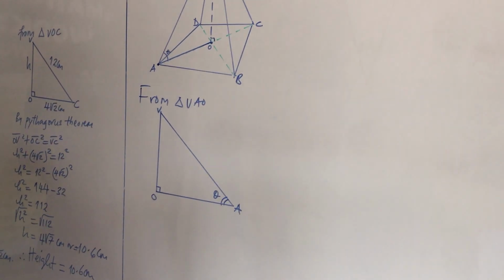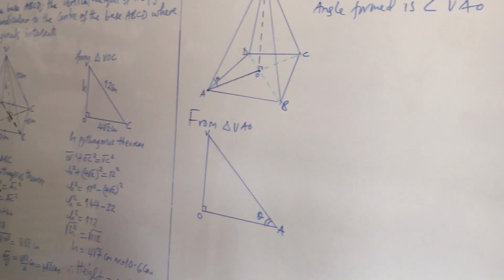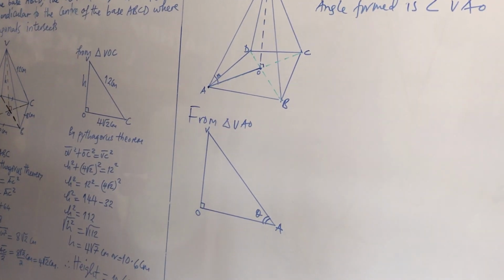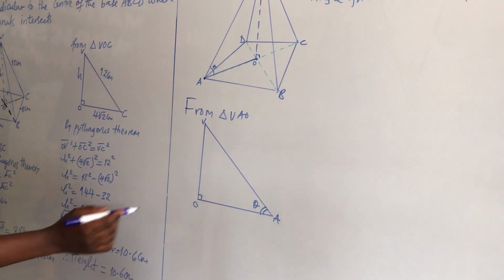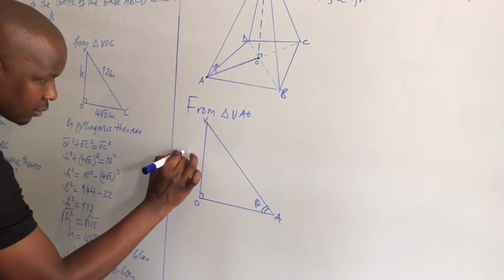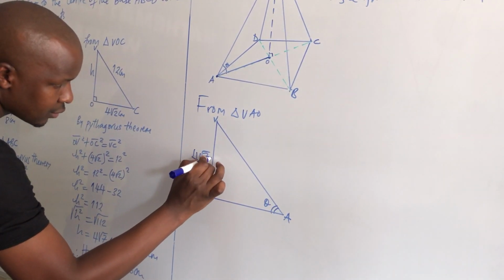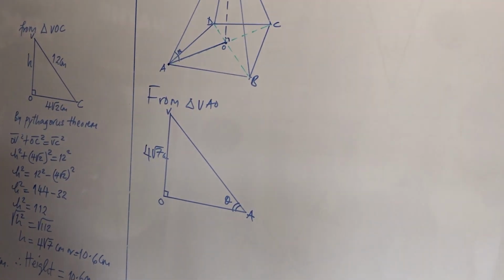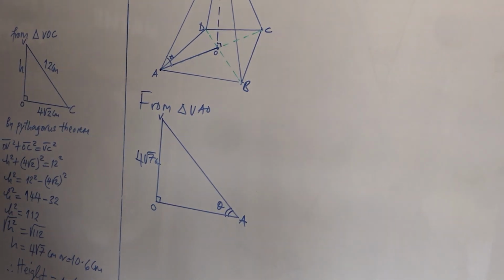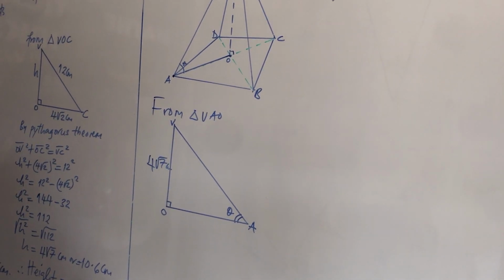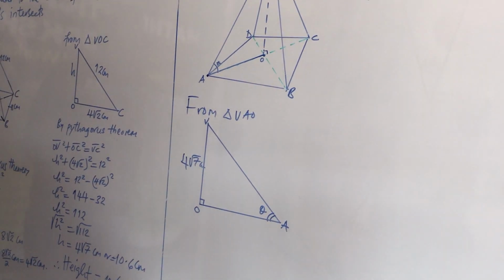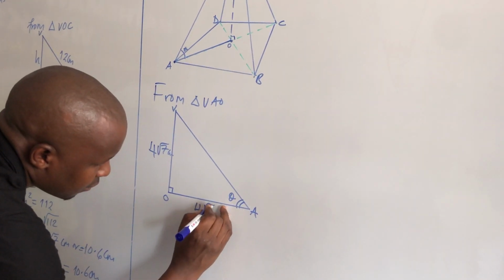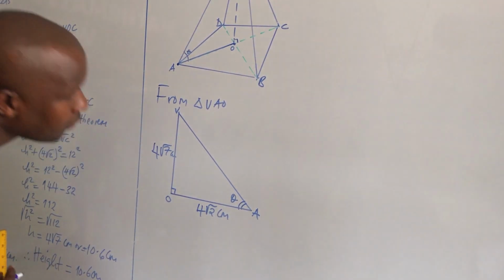Now the dimensions: VO we calculated from case 1, and we got the height, which is 10.6, which is 4 radical 7 centimeters. But also OA, we calculated this is half the diagonal AC, which was 4 radical 2 centimeters.